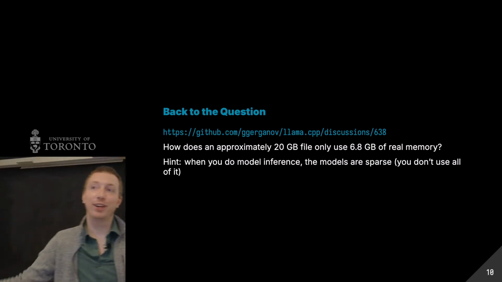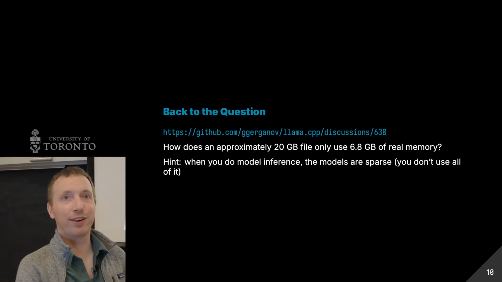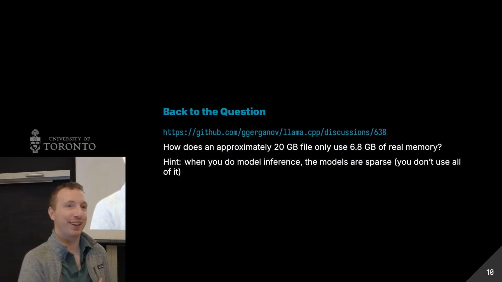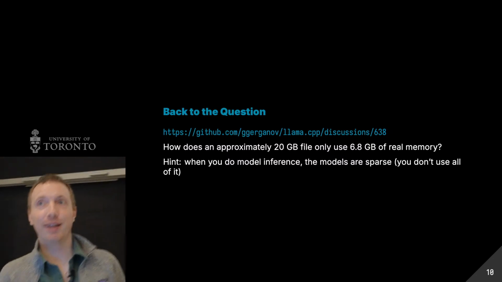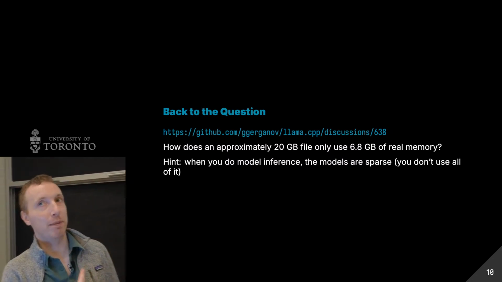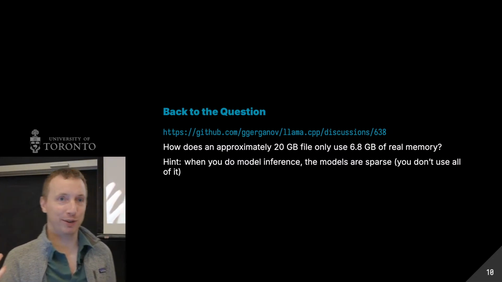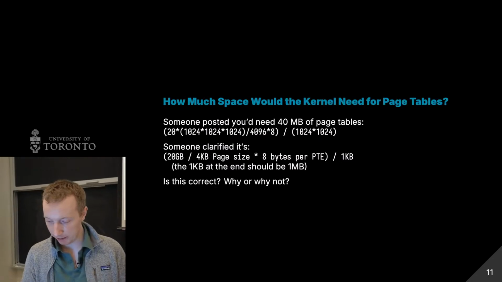Their one-line change is that instead of reading the entire model into memory, they just called mmap. And then they deleted a whole bunch of other code because they didn't need any read or write system calls. So not only did they make it easier, they just added a line and deleted a whole bunch of code. That's basically all they did.